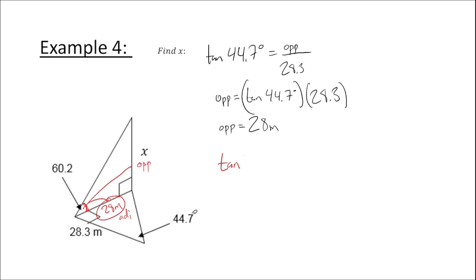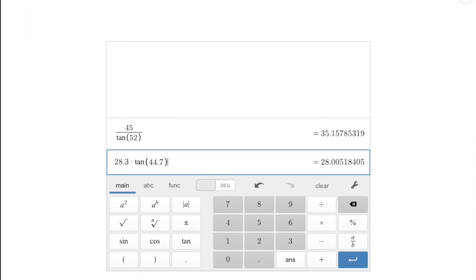Tan of 60.2 is equal to opposite, which is x, over adjacent, which is 28. So then x equals 28 tan of 60.2 degrees. And this is multiplication again. This is just a number, right? Tan of 60.2 times 28.